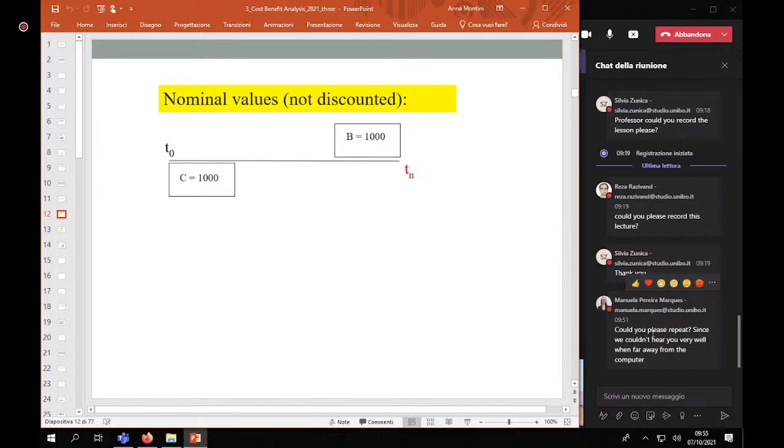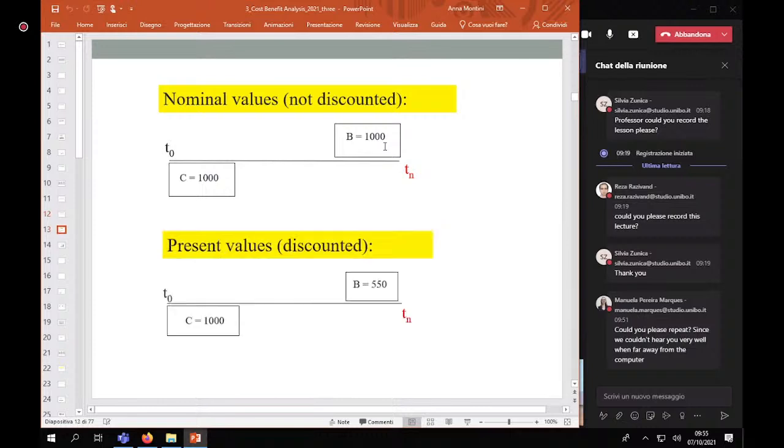It is true, but it is true only if I have a benefit in the same year of the cost. Otherwise, I have to discount the benefit that I will receive in the future, and it could become a situation like this. With present value, if I calculate again the net benefit will become negative. Okay, because the benefit is only 550 and the cost is equal to 1,000.